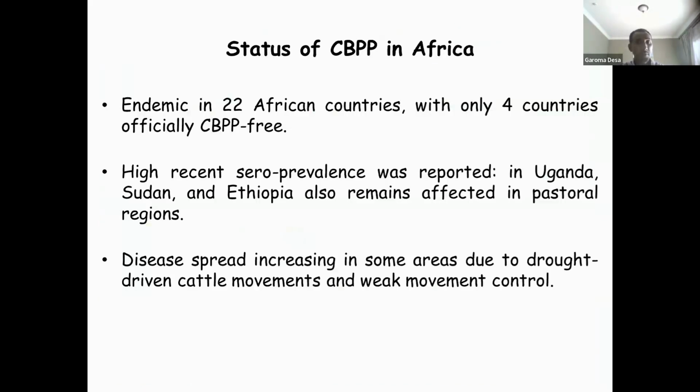What is the status of CBPP in Africa? My previous presenters addressed some of my topics. I hope this was also addressed by somebody. According to the World Organization for Animal Health, 22 African countries from West, East, and Central Africa reported that CBPP is endemic in them, with only 4 countries officially reported as CBPP free according to WOAH.